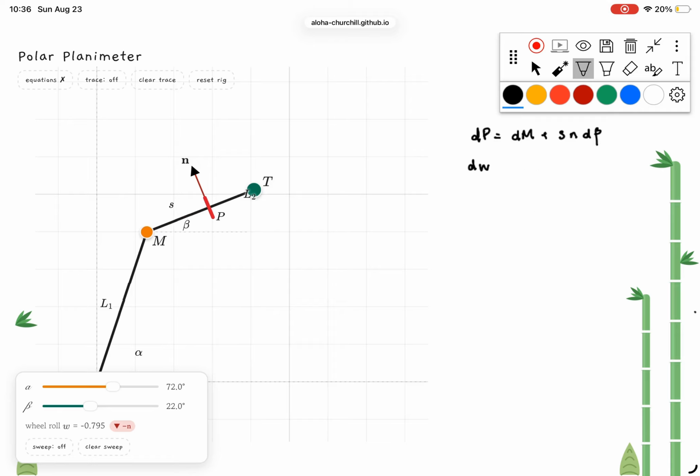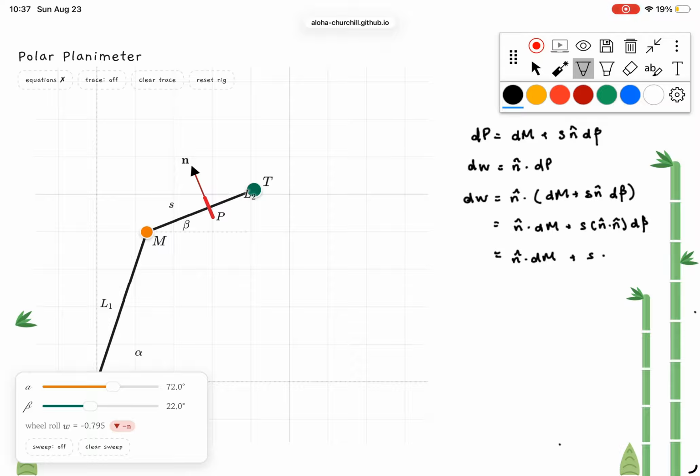So now we can use this dP term in our dW term, which is the little bit the wheel rolls every time the tracer arm moves. And if we replace our dP term in terms of alpha and beta, we can see that we get n dotted with this entire dP term. And then we can distribute this out and are left with this simpler expression that essentially says that the tiny amount that our wheel rolls can be expressed in terms of two components.